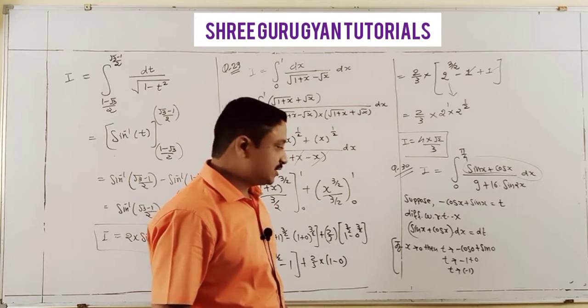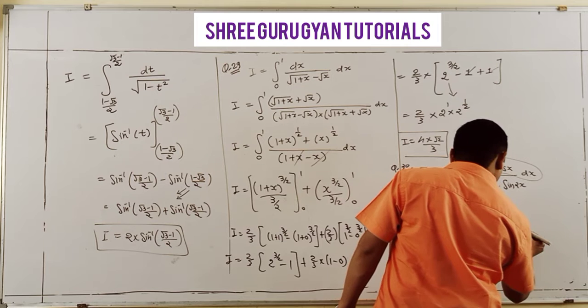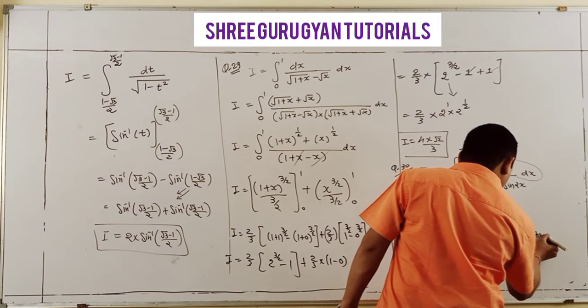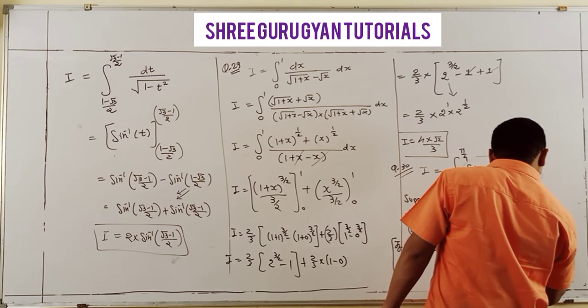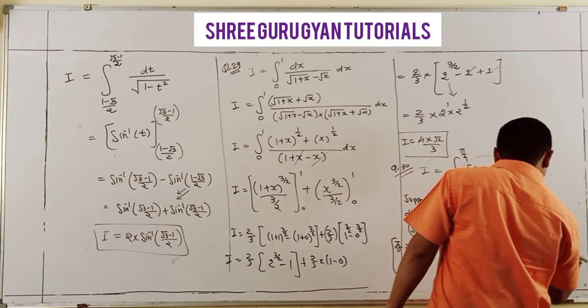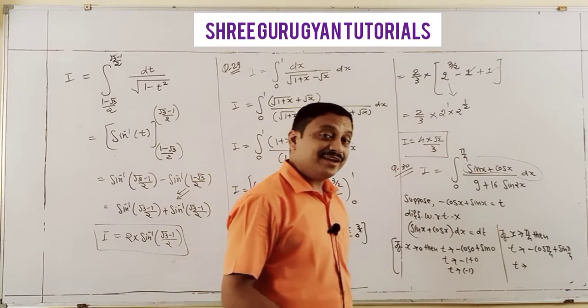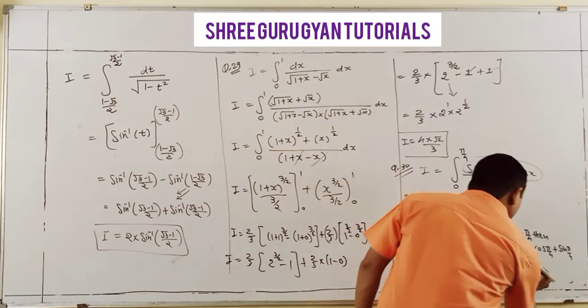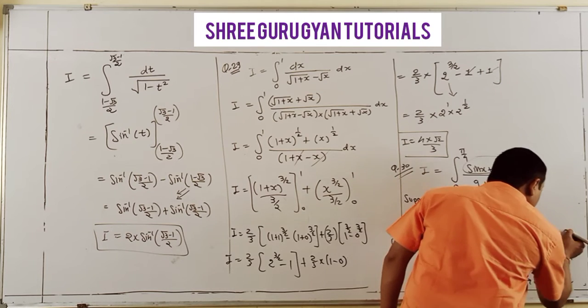Same operation, students. Limit change: if x tends to pi by 4, then t tends to minus cos pi by 4 plus sin pi by 4. Now what is cos 45? 1 by root 2. So minus 1 by root 2 plus 1 by root 2, yes, it converts to 0.